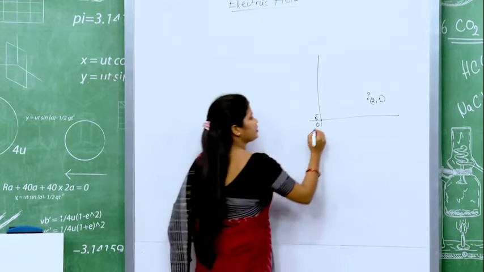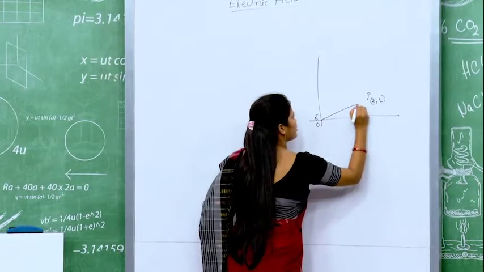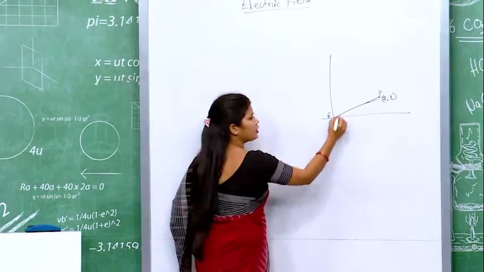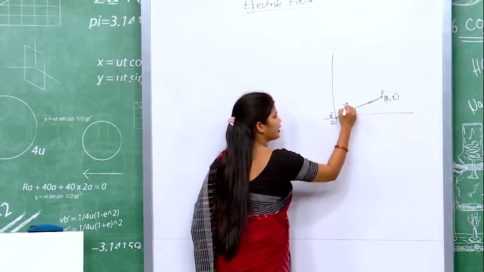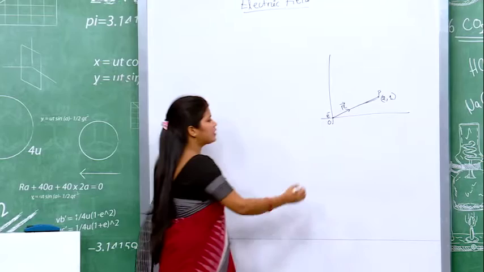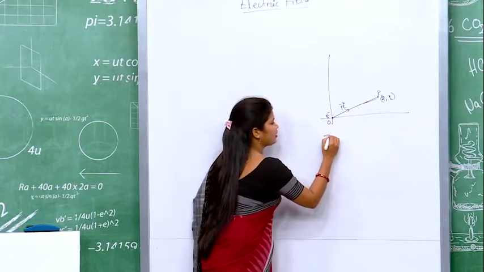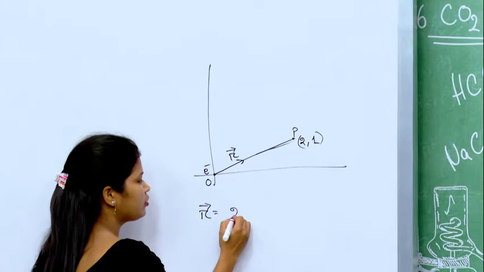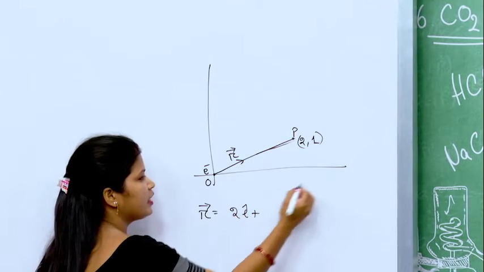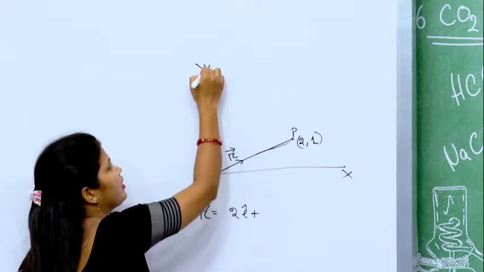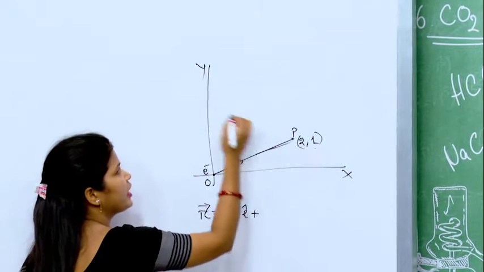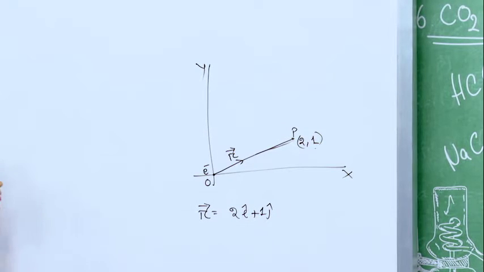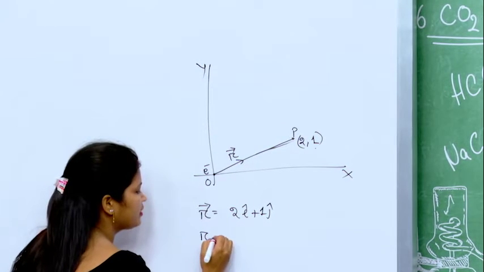Then the position vector of point P relative to O is the R vector. So, what is the R vector? Yes, the R vector is the (2, 1) position, that means 2 i cap in the x axis and 1 j cap in the y axis. And what is R?